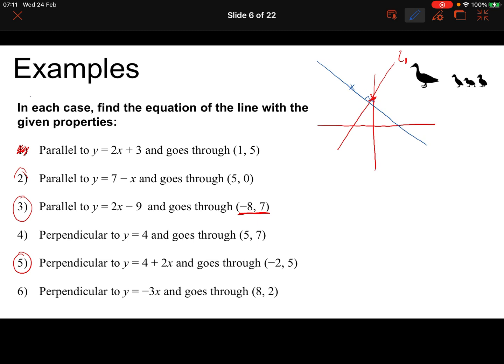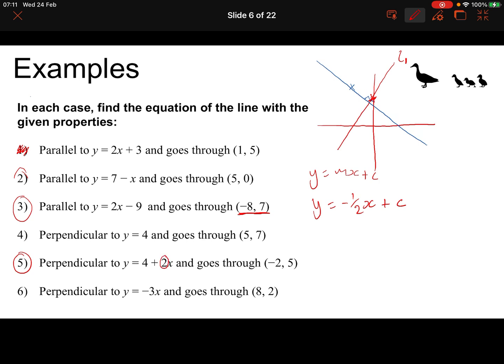Well, my new line must have equation y equals mx plus c because it's a line. And we should be able to know what the gradient is. Because the gradient of the red line is 2, the gradient of the blue line must be the negative reciprocal of that because they are perpendicular. So y is equal to minus a half x plus something.